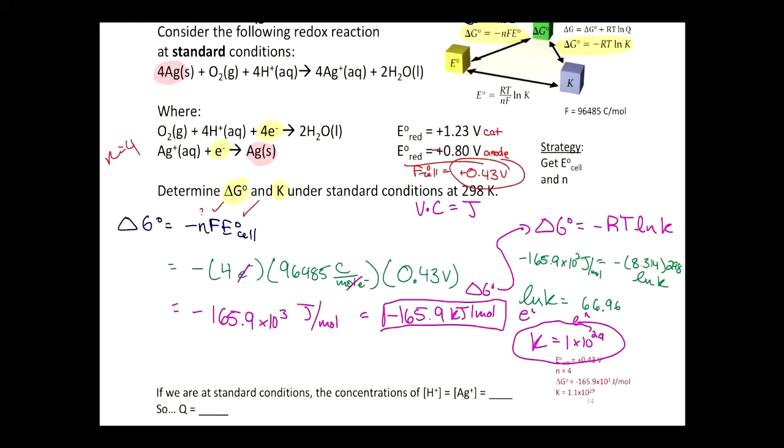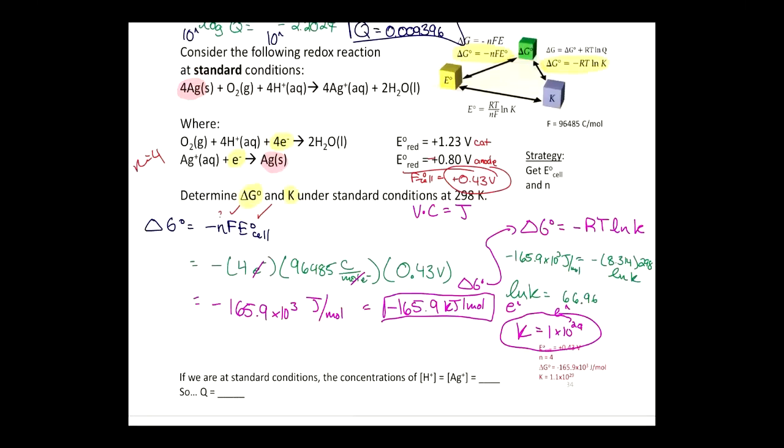Okay, so again, when we're at standard conditions, everything has a concentration of 1, so Q is equal to 1. But once we're at equilibrium, the forward and the reverse reaction are happening at the same time. When you're at equilibrium, your battery is actually dead because there's no spontaneous movement in the forward direction, if you want to think about it that way.